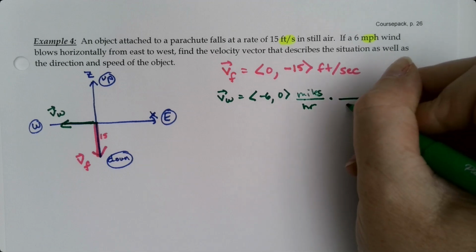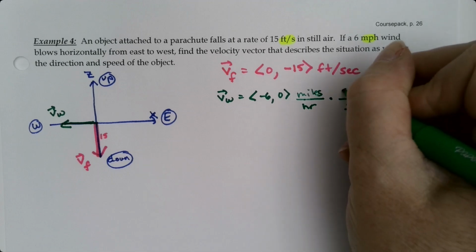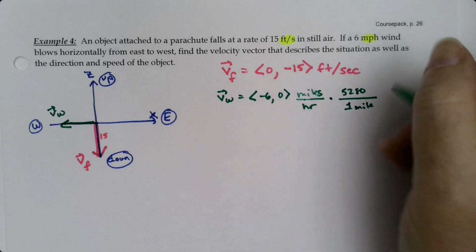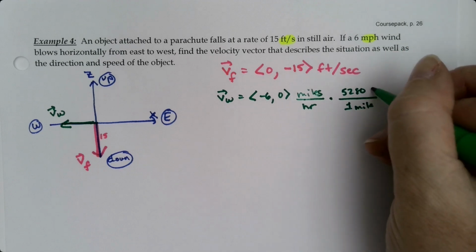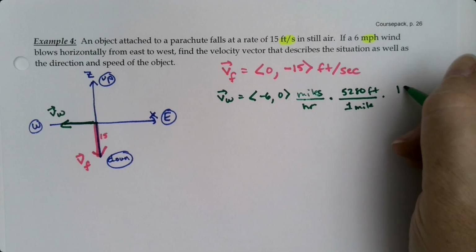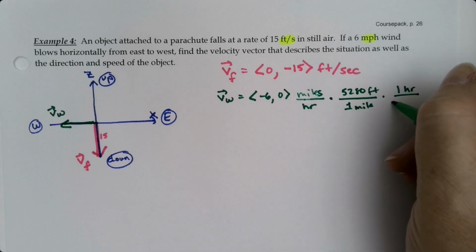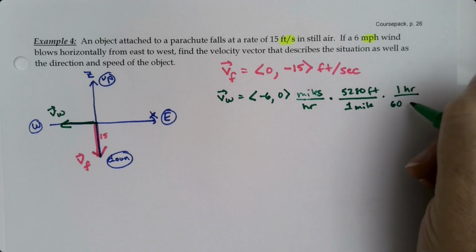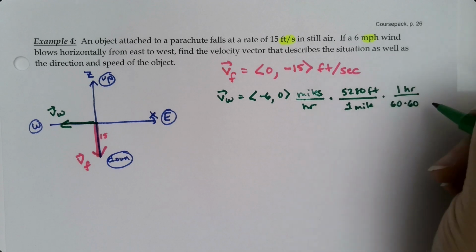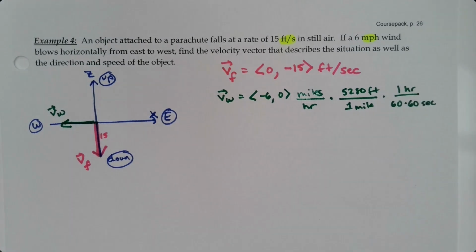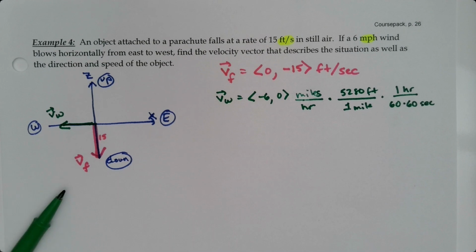So for every 1 mile, there's 5,280 feet. And then for every 1 hour, there's 60 seconds in a minute and 60 minutes in an hour. So that's 3,600 seconds. Okay, so let's go find that number with Desmos.